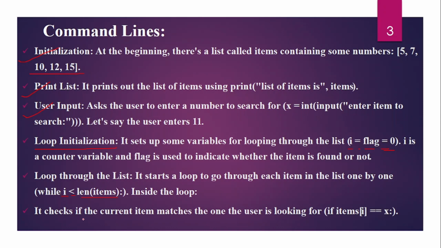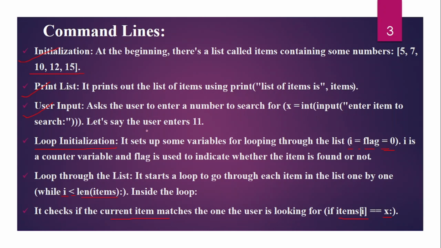So finally, what is this particular loop mainly checking? It checks if the current item, that is this i, matches the one that the user is looking for, that is, if the item i is equal to X or not. This is basically an operator checking if the value of X is equal to the current item.